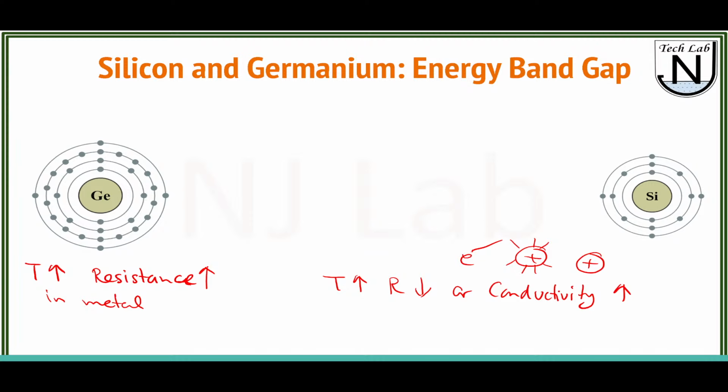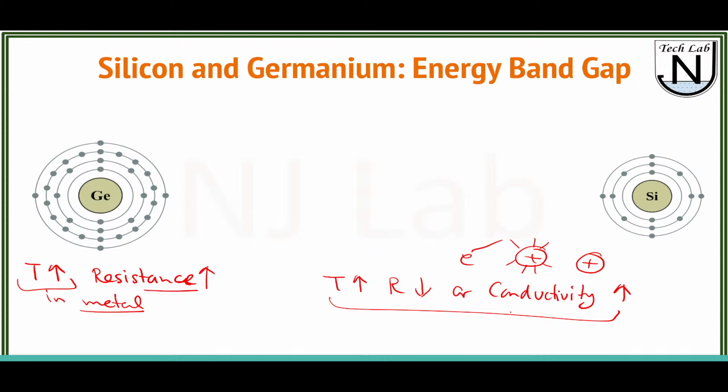Both semiconductors and metals have positive ions and electrons, right? Then why this difference? The difference is that in the metal we have free electrons available. We do not need any external energy to generate the free electrons. So when the temperature is increased, only resistance is increasing.